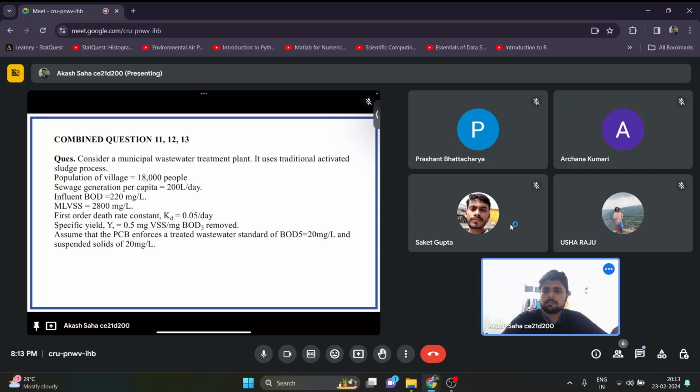Now assume that the Pollution Control Board enforces a treated wastewater standard of 20 milligram per liter. So the SE value is also given, 20 milligram per liter, and the suspended solids of 20 milligram per liter. So this is the data that is given for the question. Make a note of it. We'll see what questions are asked.